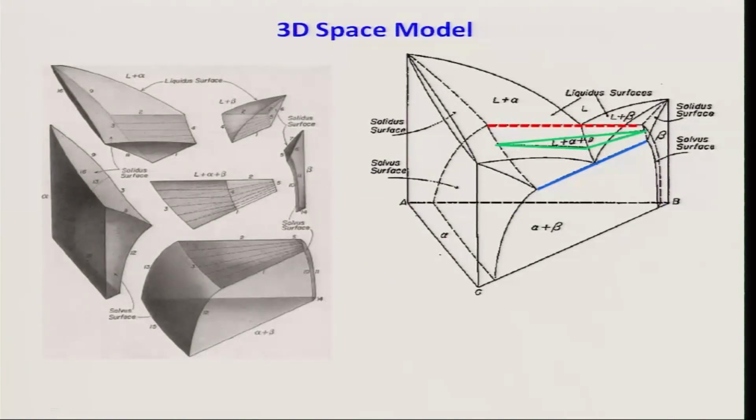Now, upon discussing this 3D space model, which is again shown here, let me discuss the shapes of the different zones. What we have here basically is one 3 phase region, alpha plus beta plus liquid, and there are three 2 phase zones: alpha plus beta, beta plus liquid and alpha plus liquid. Okay. So, let me write down.